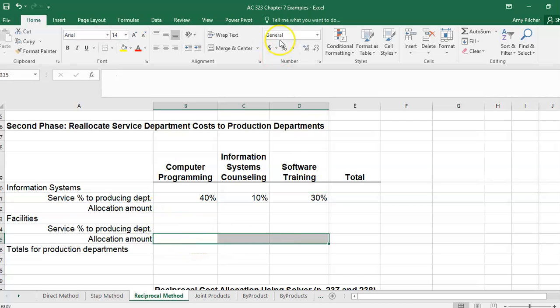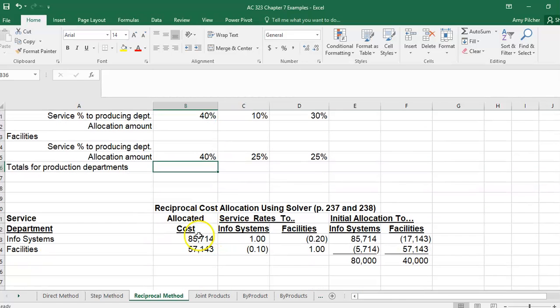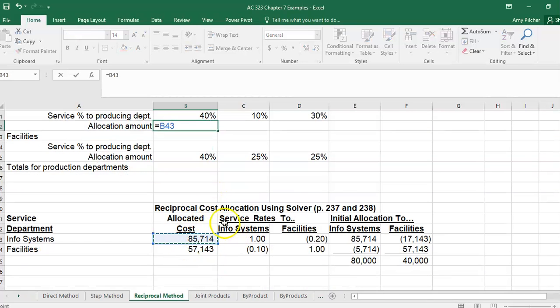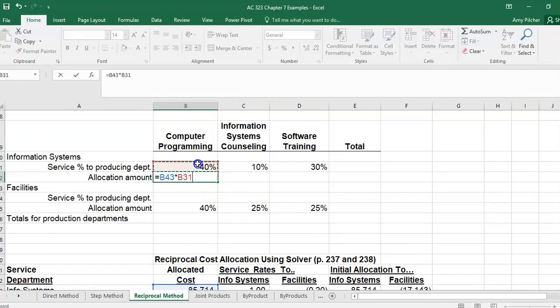And for facilities, it was 40, 25, and 25. Then we have our allocation amounts from here. For information systems, we're going to allocate $85,714 times the percentage usage.